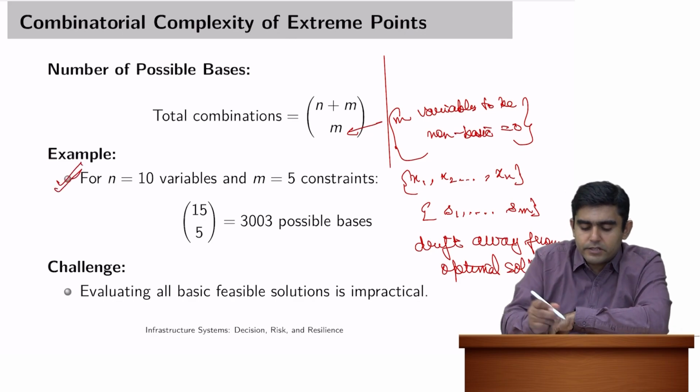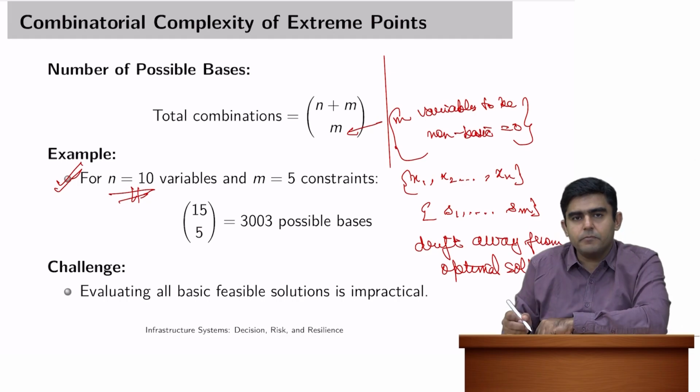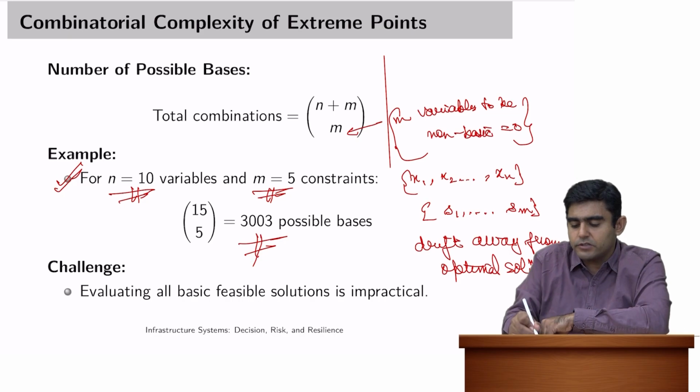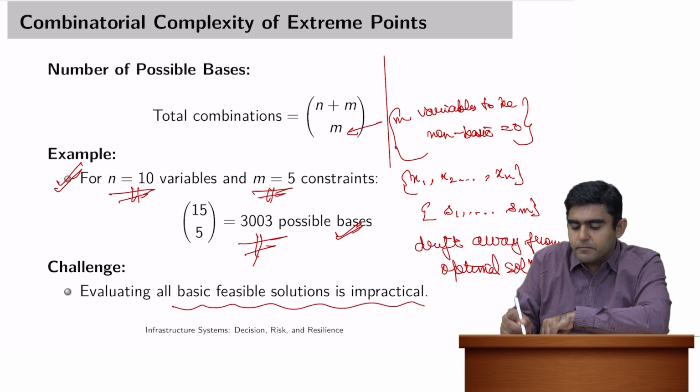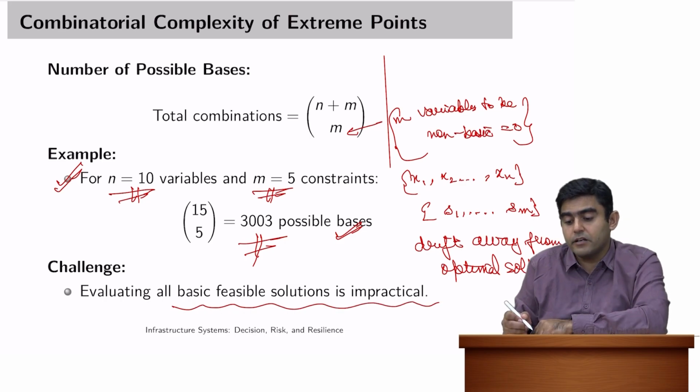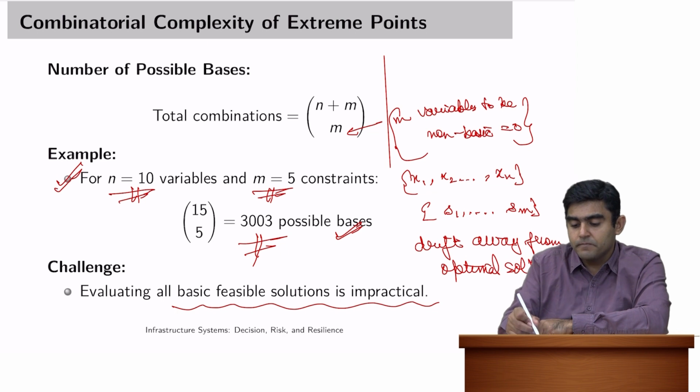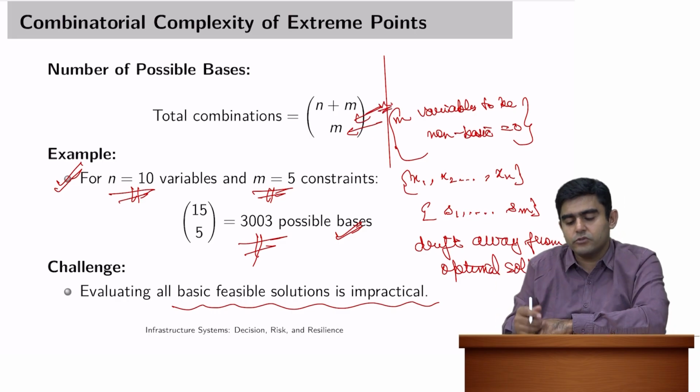For example, even for such a simple case, when we are dealing with 10 variables and m equal to 5 constraints, we are looking at more than 3000 possibilities to have the basis or forcefully non-zero variables. So evaluating all basic feasible solutions is indeed impractical for us, because if you have n plus m variables, you have to force some n variables to 0 so that you have m number of non-zero solutions available to you.